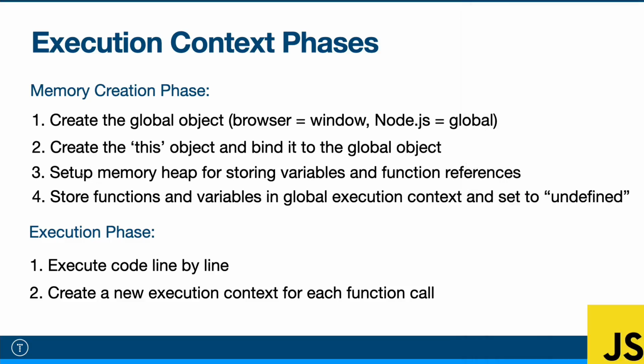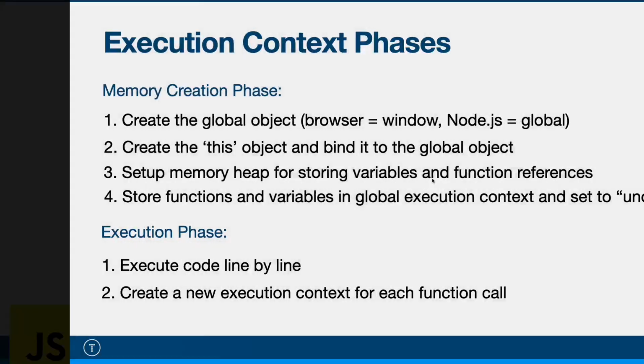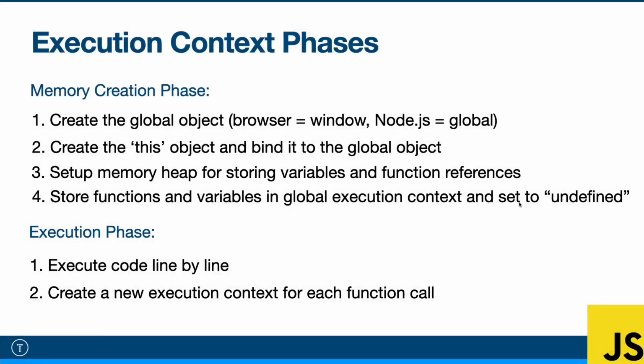Then what it does is it sets up the memory heap for storing your variables and function references. So remember this box right here, all your variables and functions are going to get put into here during the memory creation phase. And then the last thing it's going to do is set the value of all of those to undefined.